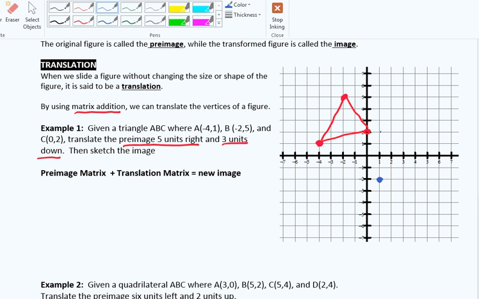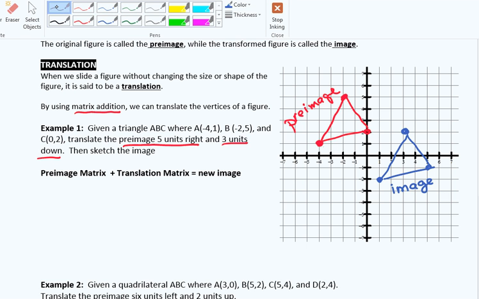And I do the same for the other two points. And again, I've got this translation. Over here, this is my pre-image, and over here, I have the actual image, or after the translation has occurred.